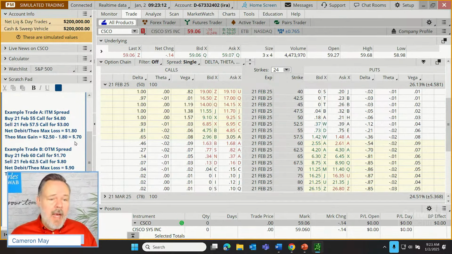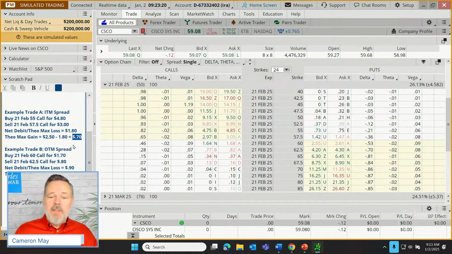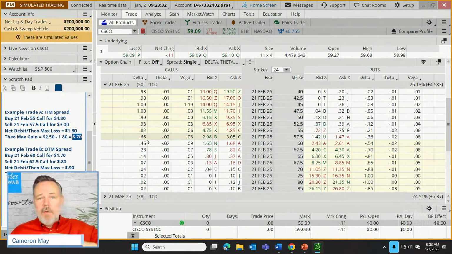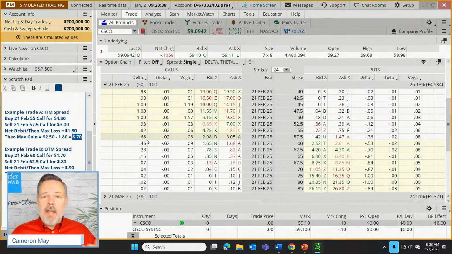There's actually a high probability in this case that assignment is going to happen and that the reward is going to be realized. We can actually even check that probability just by looking at our delta for the 57.5 call. With a delta of 65, among other things, delta can also tell us how much our option is likely to change with movements in the stock price, but it can also tell us the likelihood that our contract will be in the money at expiration and be assigned.